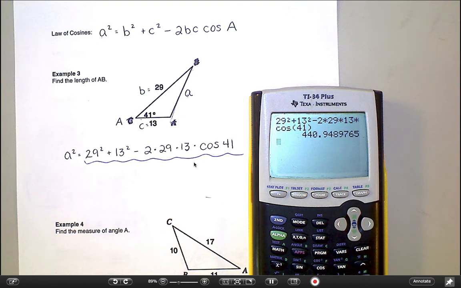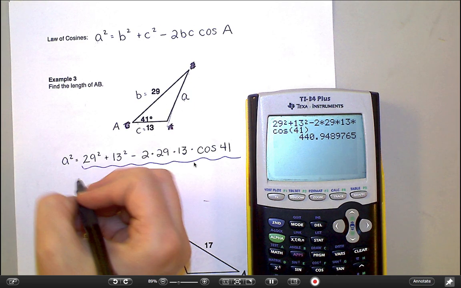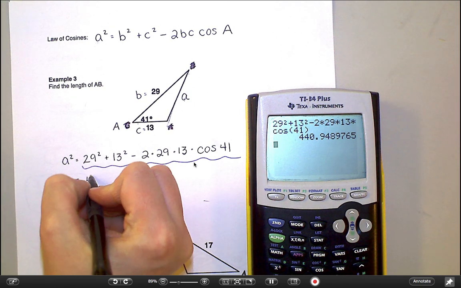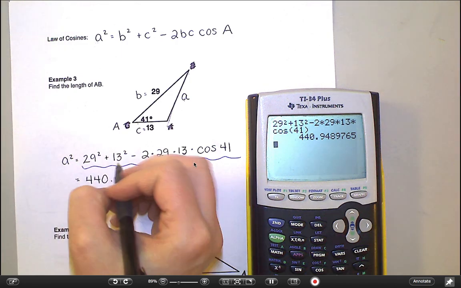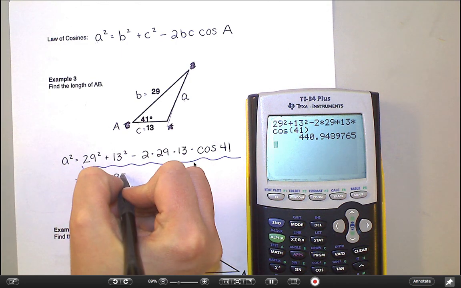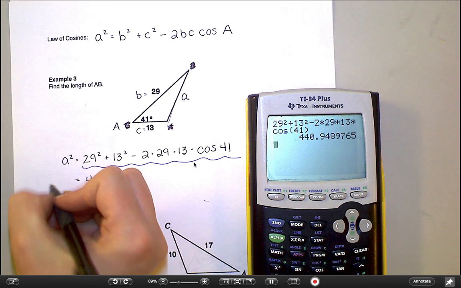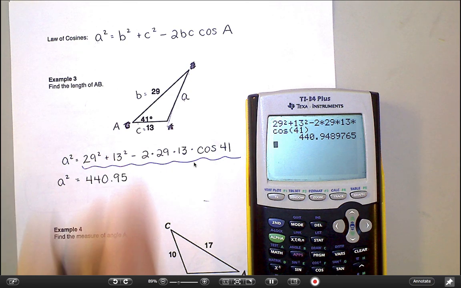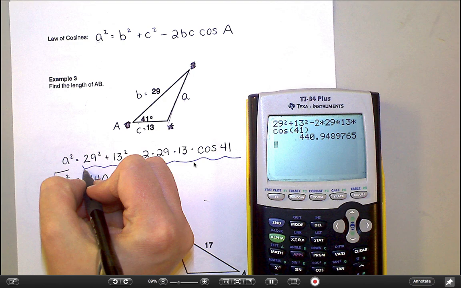And I get 440.9. Does that mean that my side length here is 440.9? I hope your answer is no. Here's the issue, and I'm just going to write down 440.9. This is equal to A squared. So if I want the side length A, I need to take a square root of that.